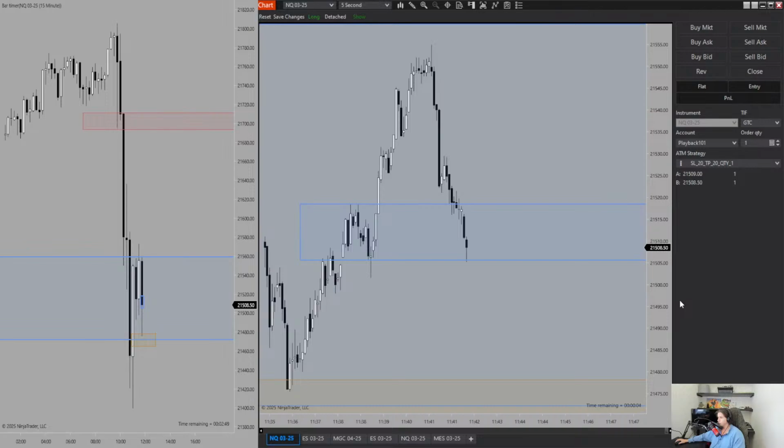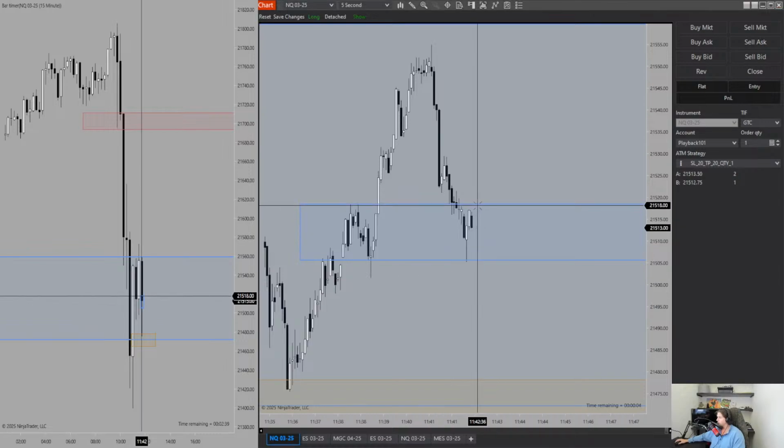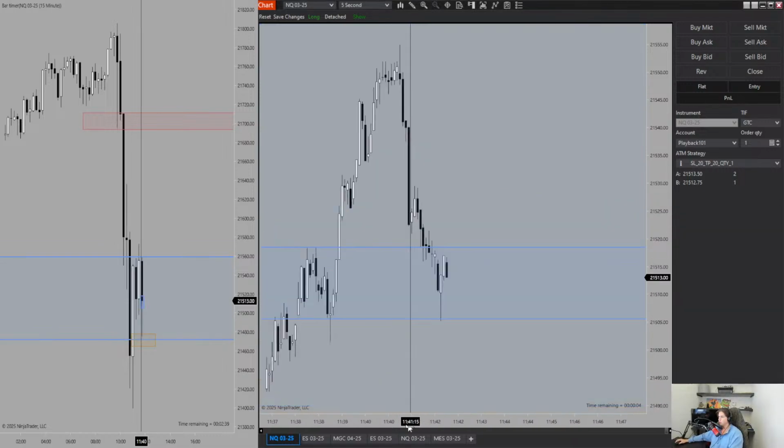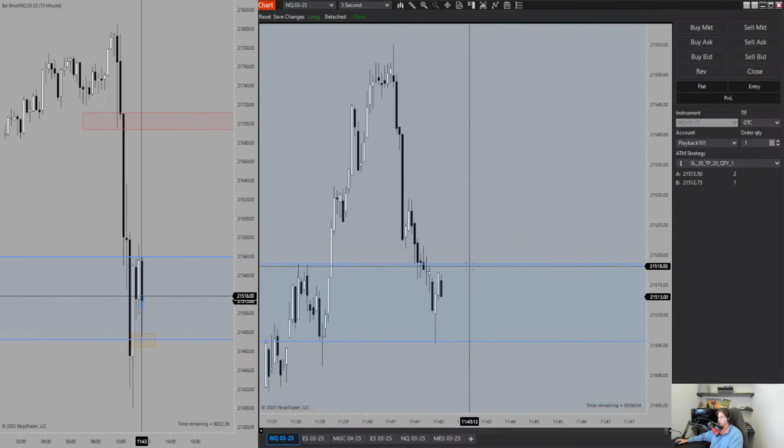Looks like we're just going to trade through it at the moment. Okay, came down to the wick. If we could trade above this right here, we get a change in the state of delivery here.